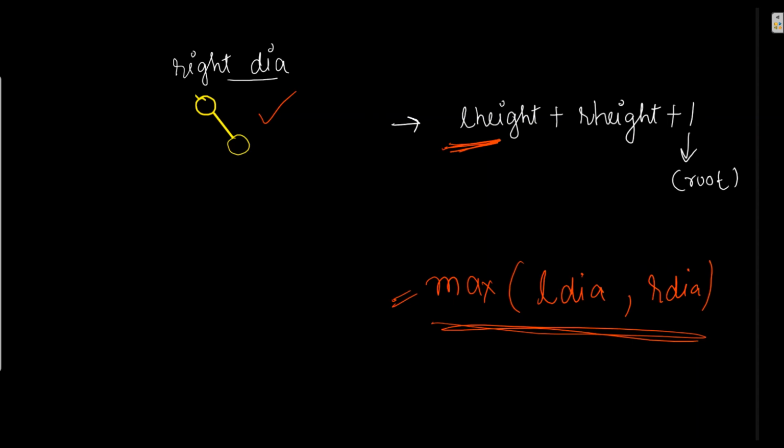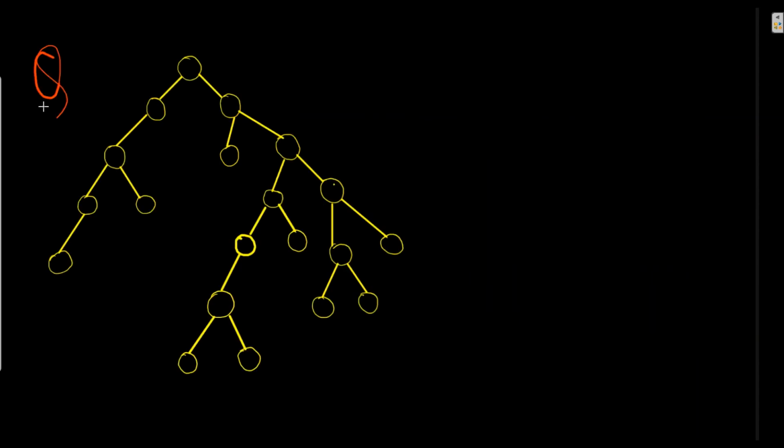Now if we have been given this binary tree, we are not aware whether our diameter will include the root or not. So what we'll do is take firstly with root, then without root.